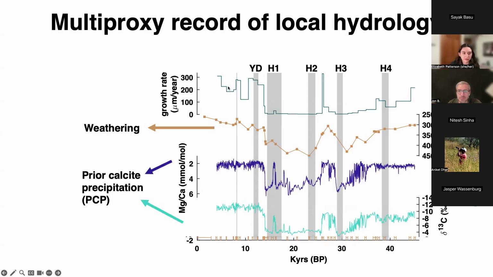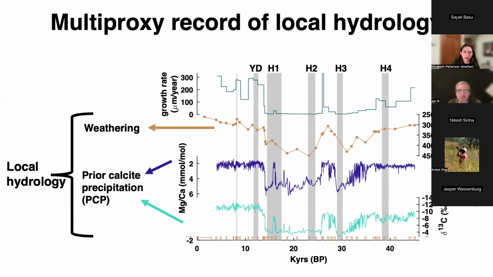Just for the sake of time, the uranium isotopes generally reflect weathering, and the magnesium-calcium ratios and carbon isotopes are mainly driven by a process called prior calcite precipitation, which I'll talk about more later. For now, these proxies generally reflect changes in local hydrology, so we expect them to all show the same thing.